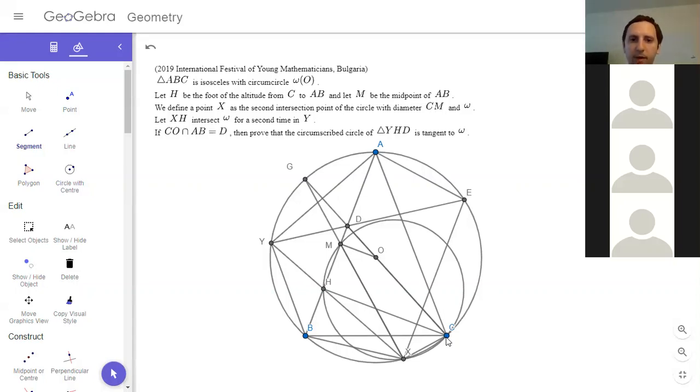I haven't used that AB is equal to AC. This problem feels like it has to collapse. I just don't know the trick. We just have too many spiral similarities, right?